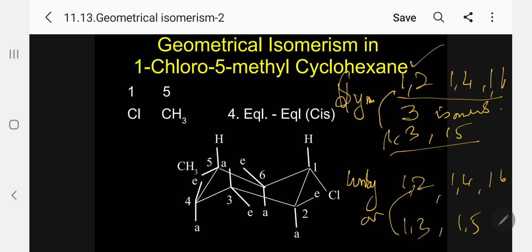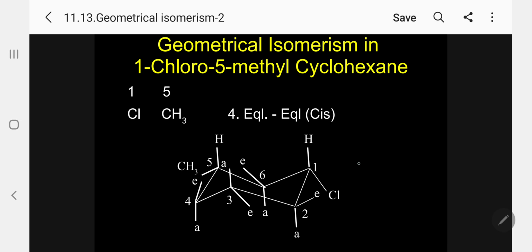So in all four cases, these unsymmetrical cases, for example 1 chloro 3 methyl and 1 chloro 5 methyl, are different from 1, 2, 1, 4, 1, 6. In all the cases, four isomers are possible. Please remember, this is the most important information.